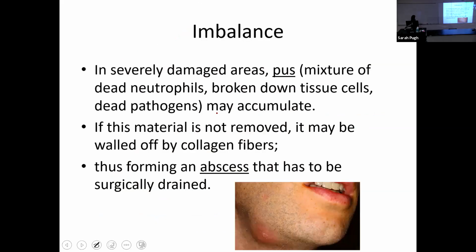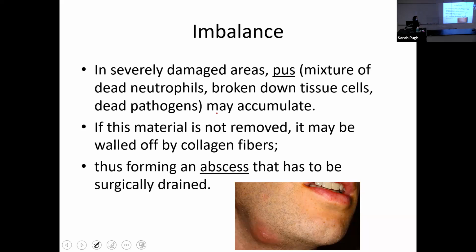Now, sometimes if you have really damaged your tissue, you're going to see pus. Pus is basically dead white blood cells that have died fighting infection, dead infectious cells, foreign cells. It's also going to be tissue cells that have died or been damaged, and pathogens. All of that is found in pus.